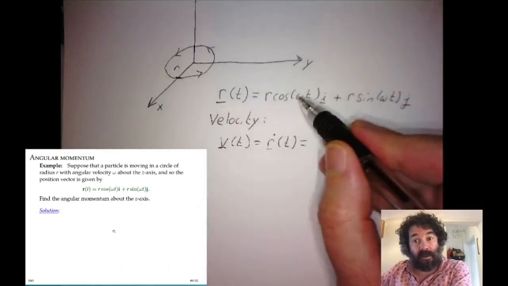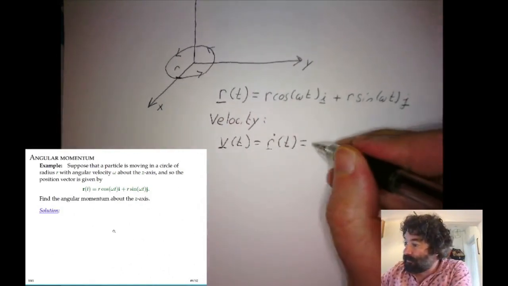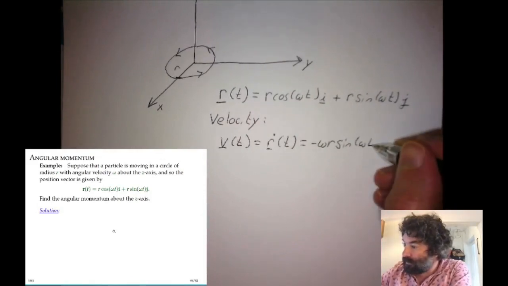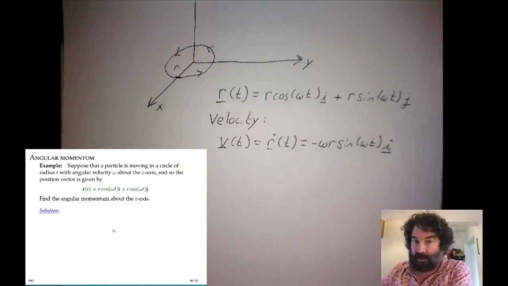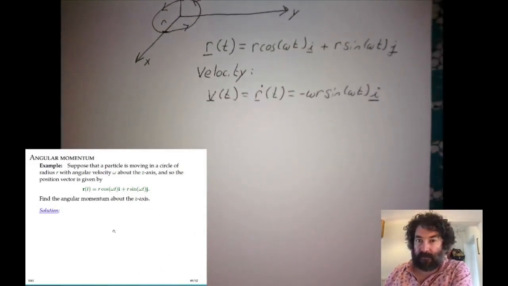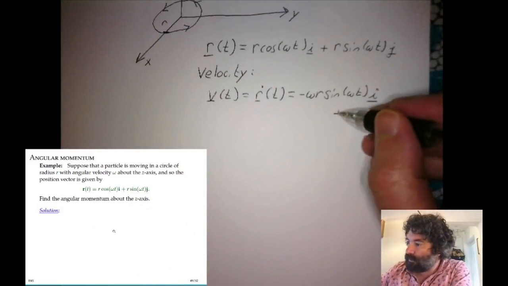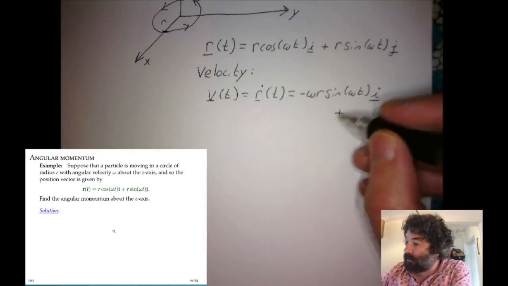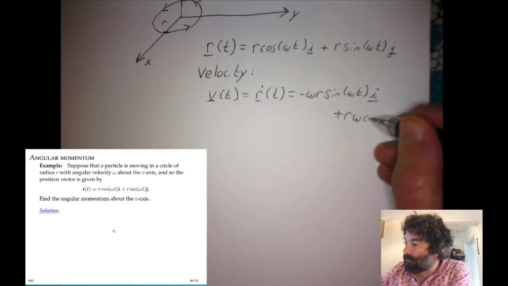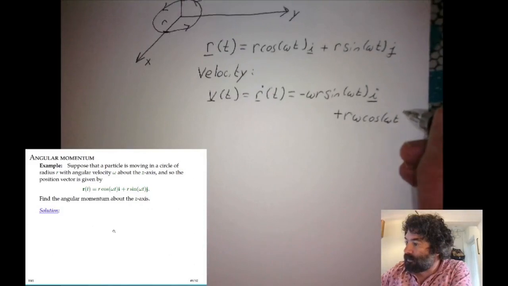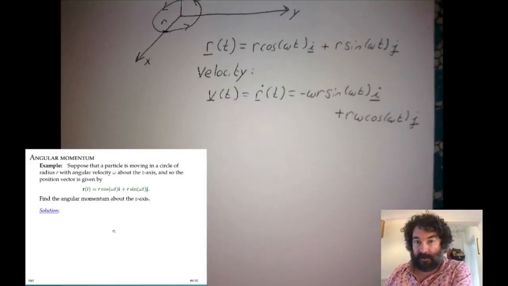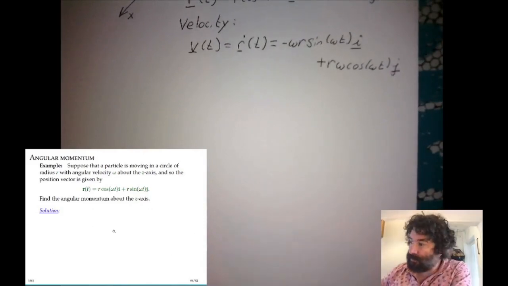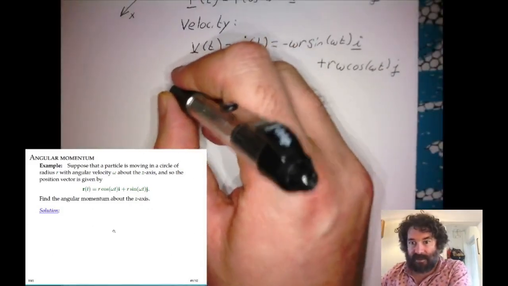So the derivative of r cosine of omega t would be negative omega r sine of omega t i. And then the derivative of the second component, the y component, would be r omega cosine of omega t j. And so this is the velocity. Okay, now the next thing is the momentum, which is simply the mass times the velocity.